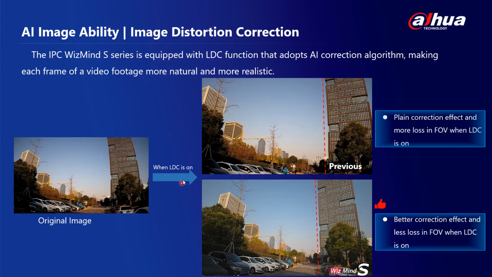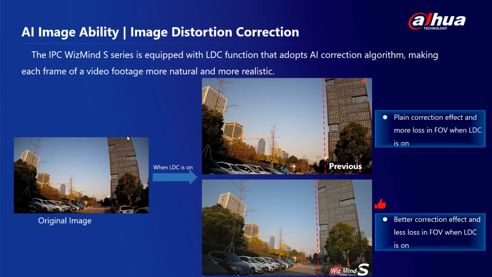Now, once, let's say, for example, you correct this option by enabling this LDC function, that's the lens distortion correction function, this is the kind of image that you're going to end up viewing. It looks less distorted, but we have lost a lot of field of view. A lot of field of view has been eliminated from this picture here.